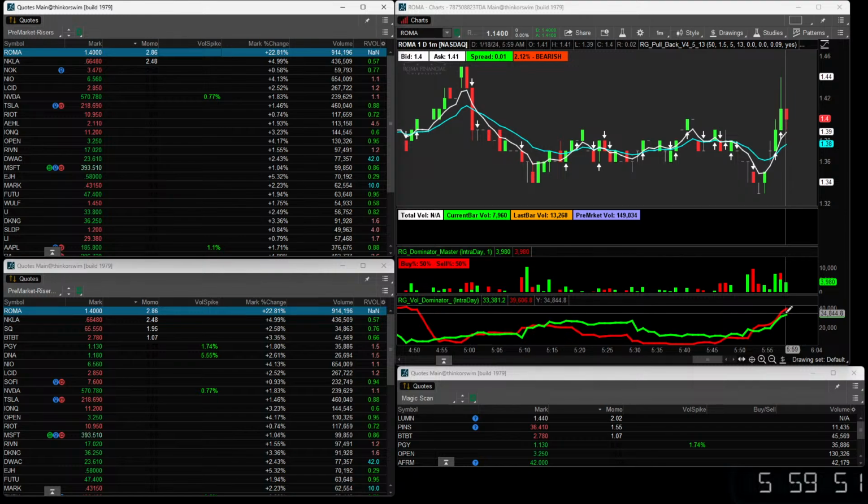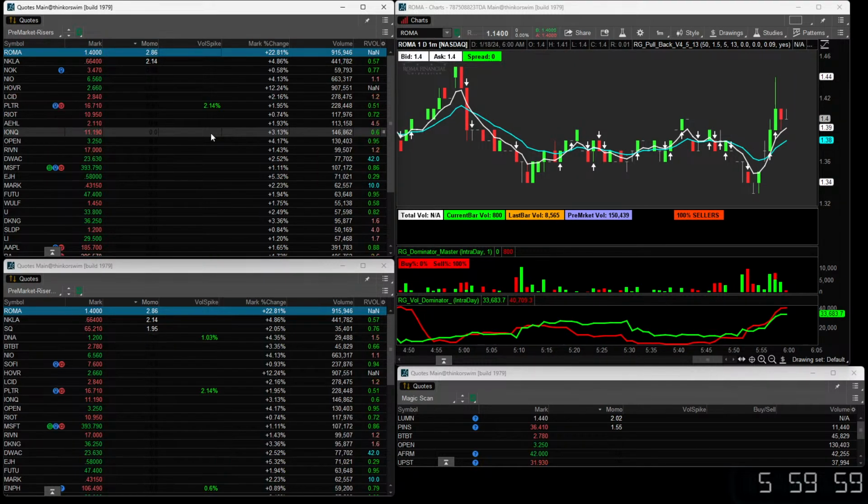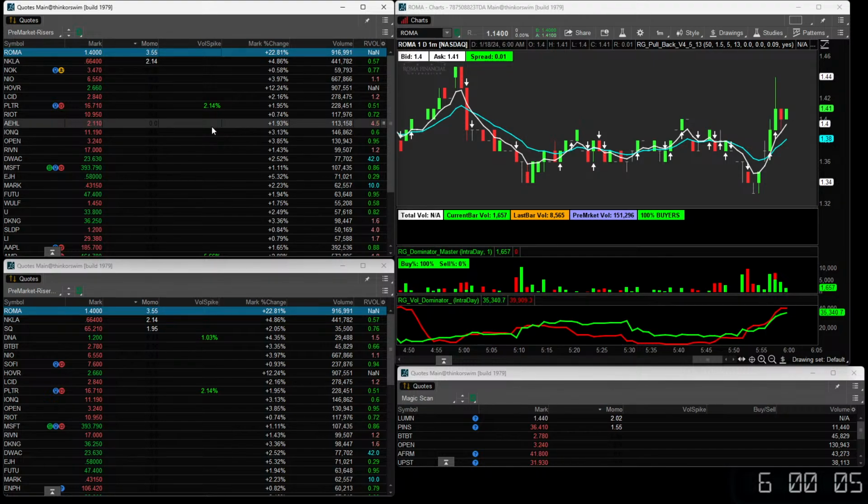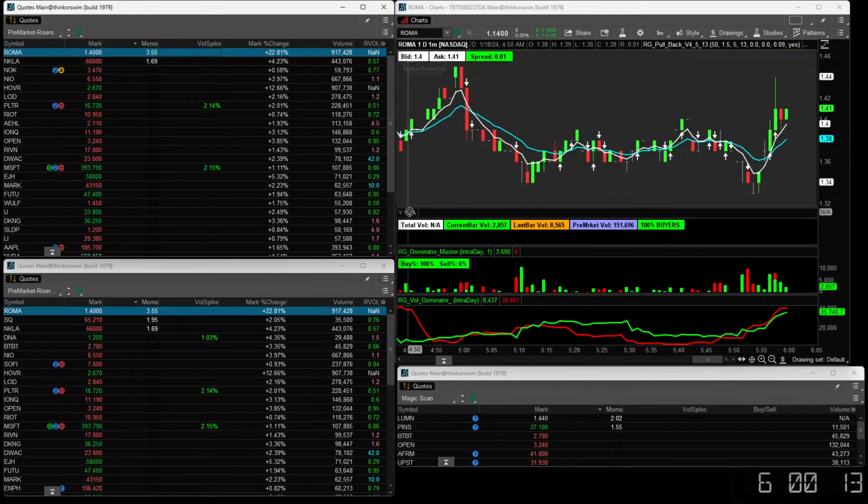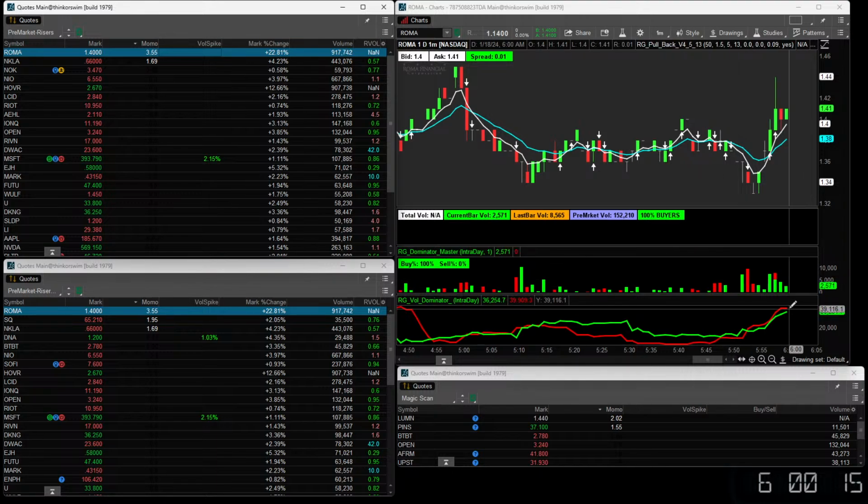And I want to clarify that it's not actual buyers and sellers. This indicator here is watching the volume. If there's a volume increase and the price is going up, I call it buyers. If the volume increases and this turns red and the price is going down, I call it sellers. And I divided the two to get these percentages. So these lines would be the sellers, and this is the buyers.